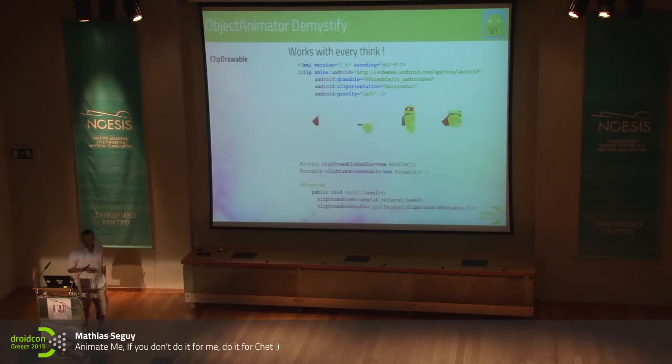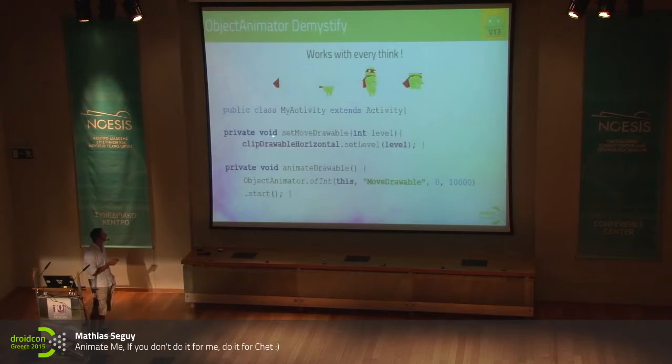But it works for everything. ObjectAnimator works on objects, it's not only for views. So you can do it for a lot of stuff. This is my clip drawable with my handler and my runnable. That was before. Now I will use in my activity the method setMoveDrawable, which sets a level, and I will change my clip drawable level in this method only.